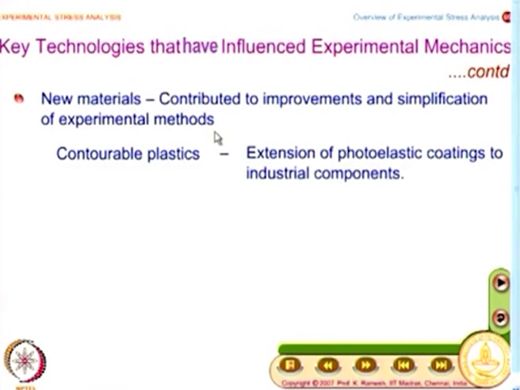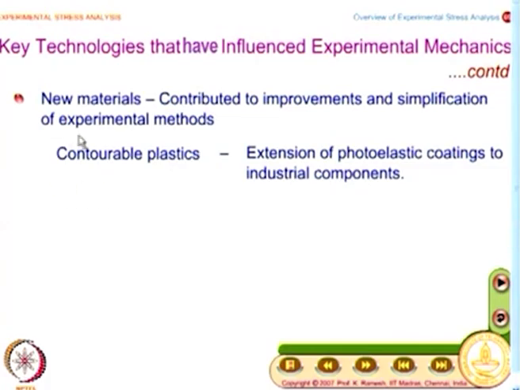And if you look at photoelasticity, the development of contourable plastics really brought photoelastic coatings to industrial components. The application of reflection photoelasticity was mainly possible for complex objects because of the development of contourable plastics.